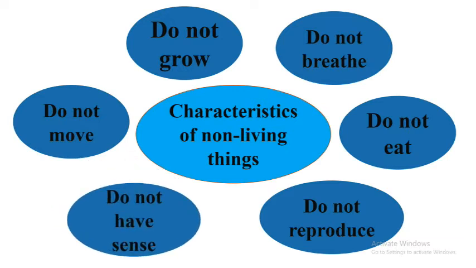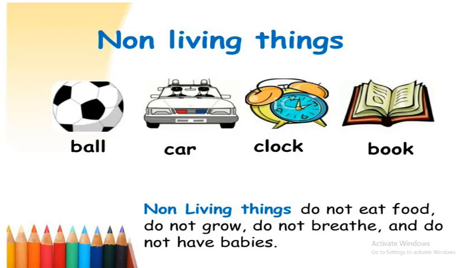Non-living things do not eat food, do not grow, do not breathe, and do not have babies. Here are some examples of non-living things. Ball, car, clock, and book. These things are examples of non-living things.